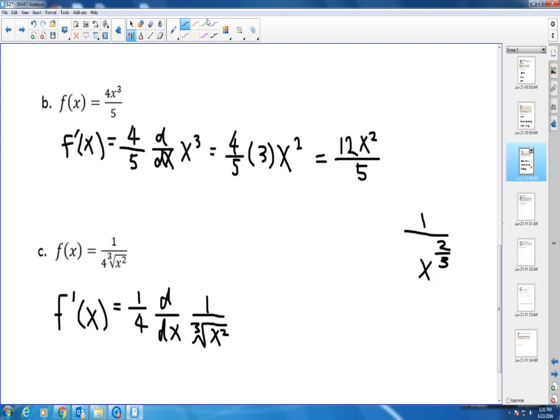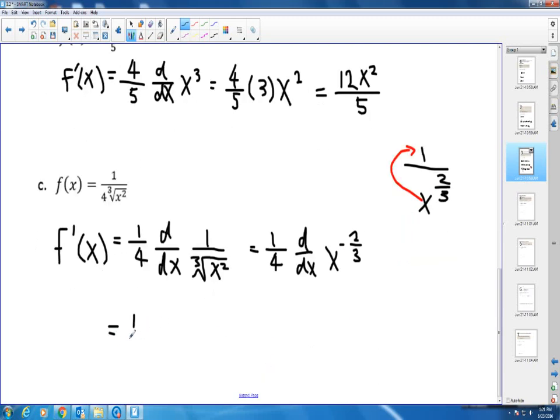Alright, so moving my x to the 2/3 back out to the top, that will give me a negative exponent. So the function I'm really trying to take a derivative of can be rewritten as x to the negative 2/3 power. That will make it a lot easier to take a derivative. Alright, so using the power rule, move my negative 2/3 to the front.